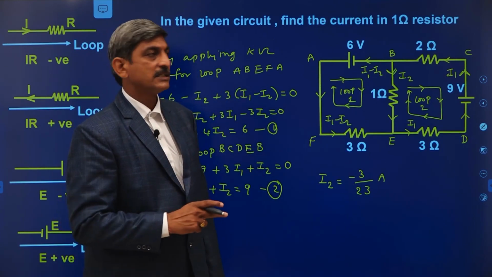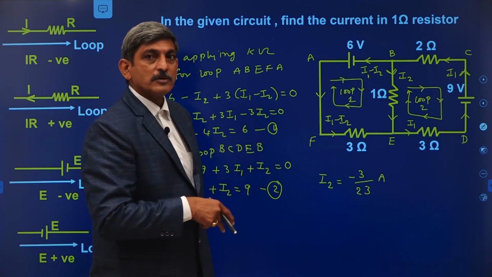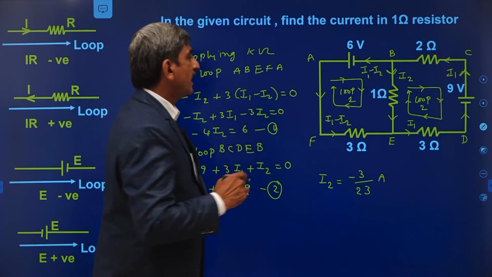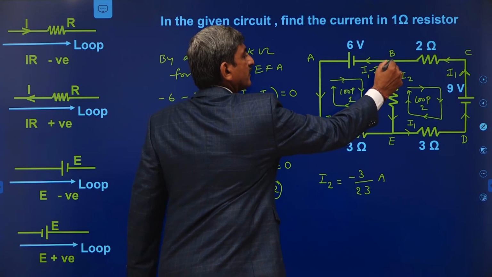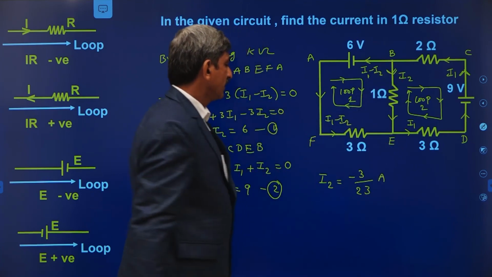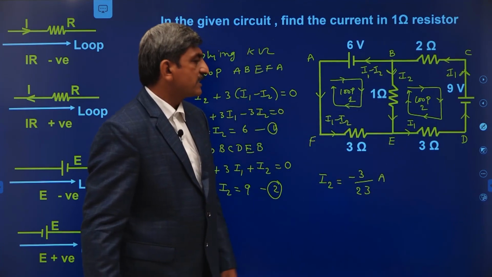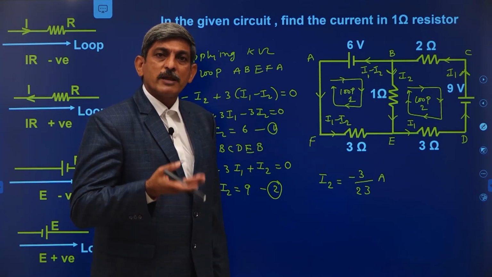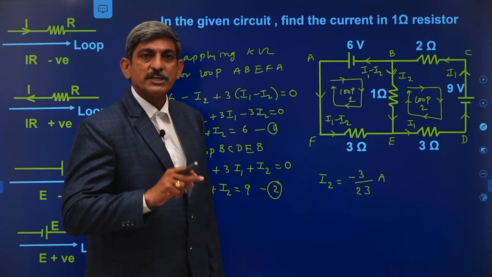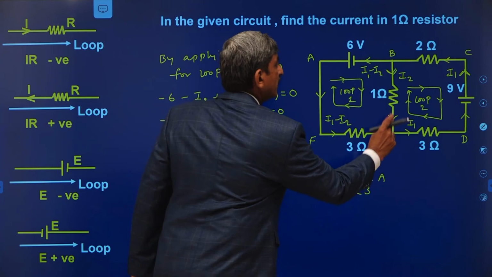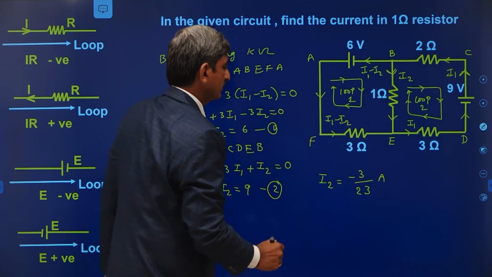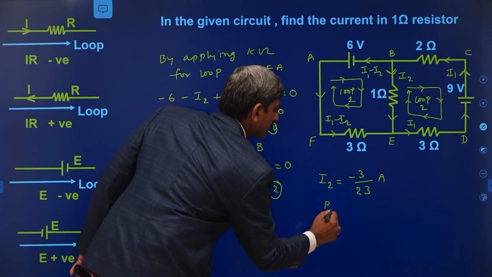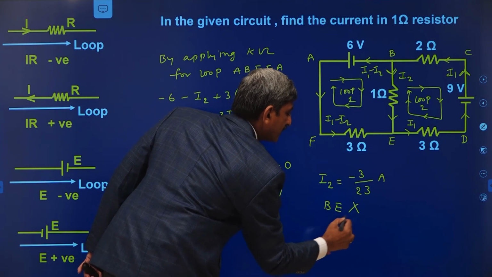It indicates that while solving the problem, initially I assumed the direction of the current from B to E. The negative sign indicates that the direction assumed by me is wrong, and actually the current flows from E to B in the circuit.